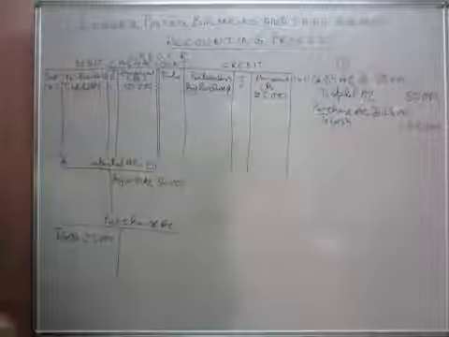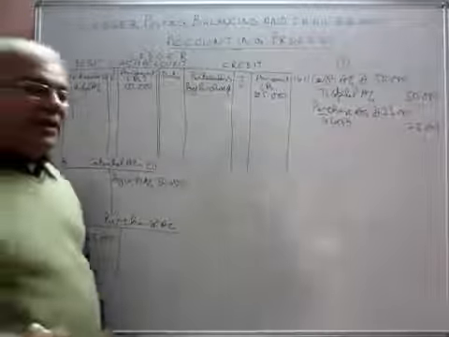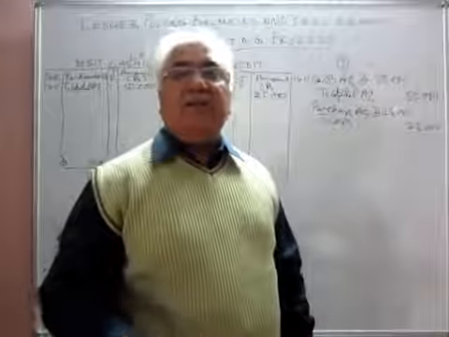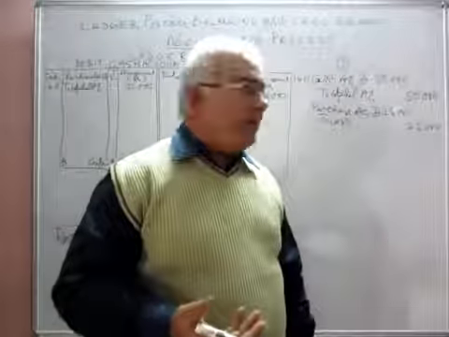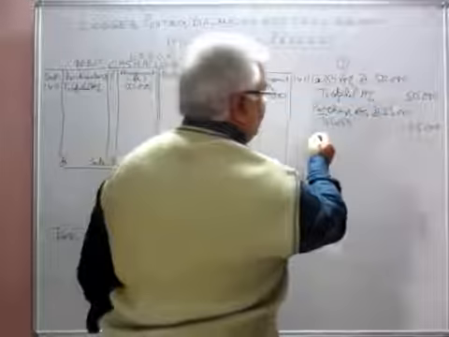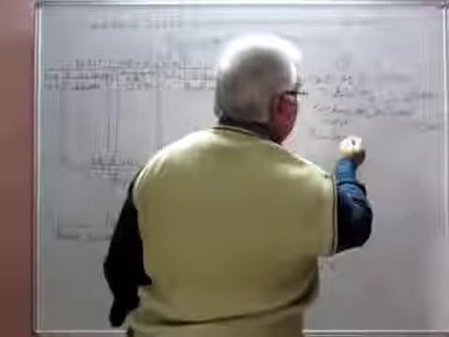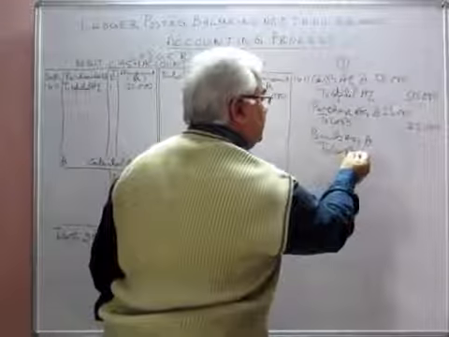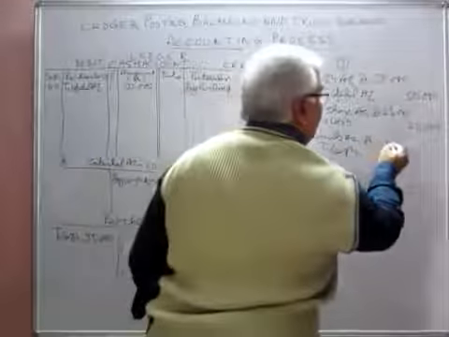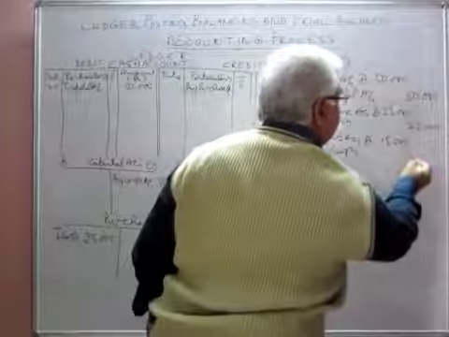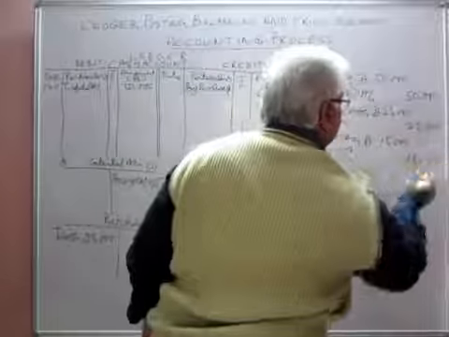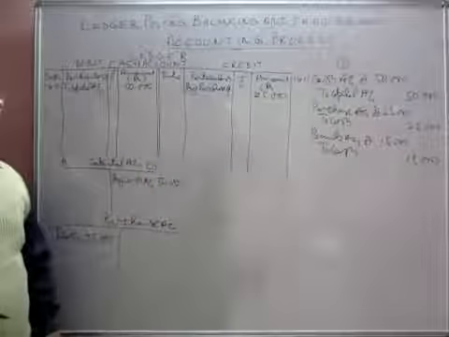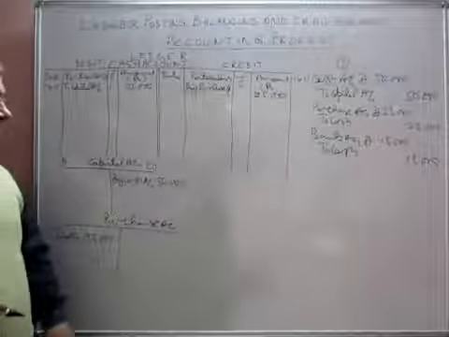Amount is 25,000. Now our third entry is bank account debited to cash. That means we deposit the cash in bank. So bank account debited to cash, say 15,000. Now in this case, bank account is being debited and cash account is being credited.